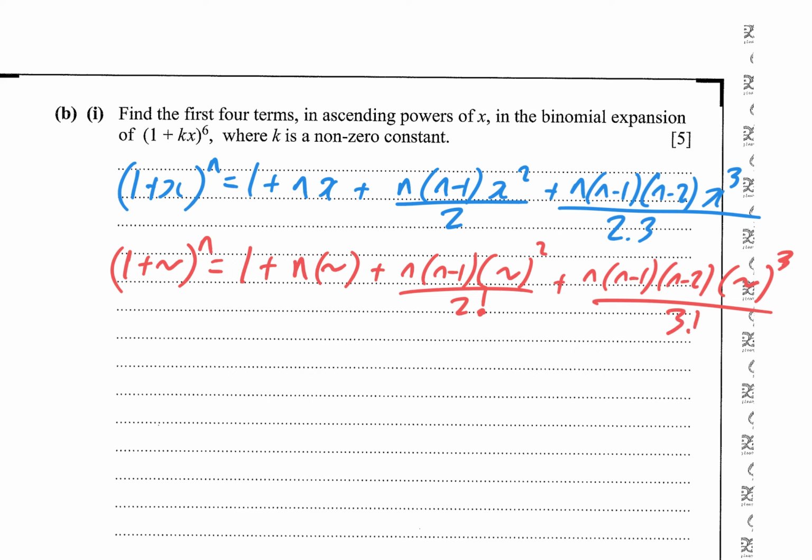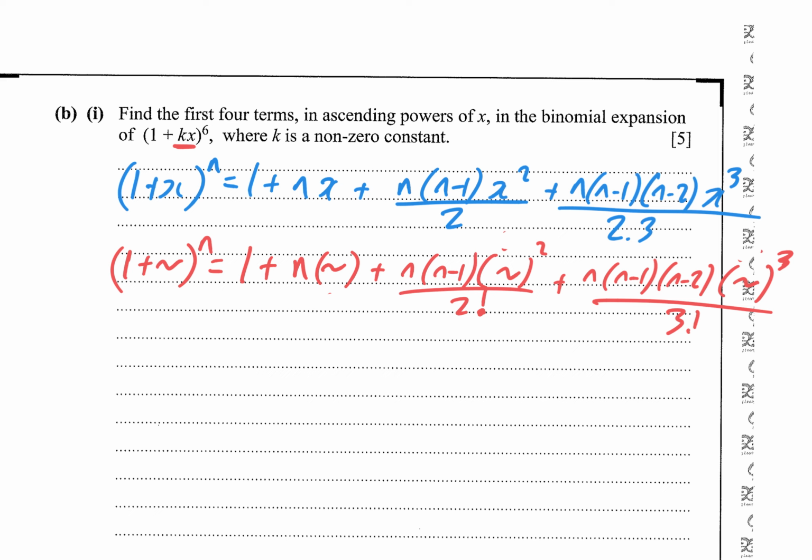The reason I say it that way is that you can see what's being squared. The squiggle in this case would be kx, so the k and the x are both in that bracket, and both are being squared or cubed. That's why I like to think about it in that form. But the top line's what's given in your formula booklet, if you forget that method, but it's dead easy.